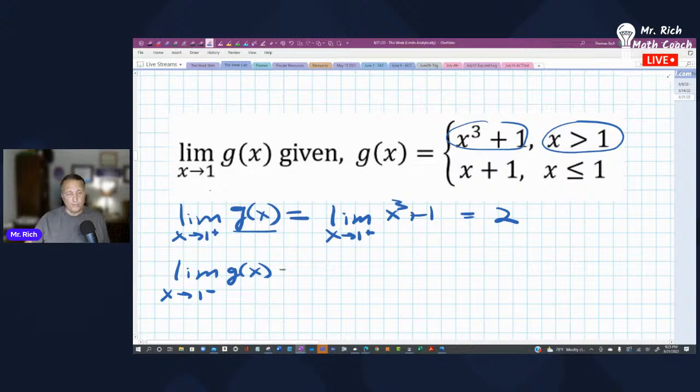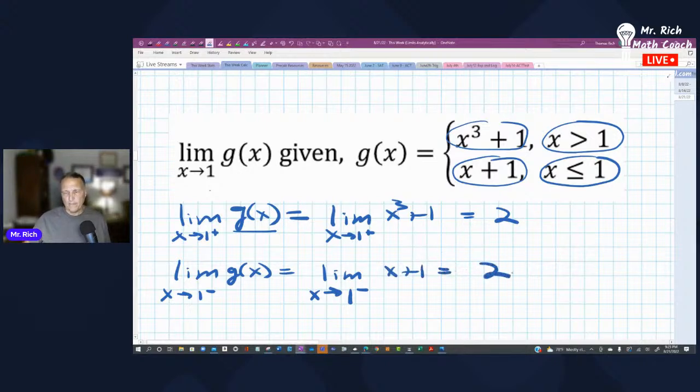Now if I'm going to evaluate this limit as x approaches 1 from the left, I would then be using this part of the function, because that is the piece of the function when I'm using numbers that are less than 1. So this would be x plus 1, and that is equal to 2. That tells me that since the left-hand limit and the right-hand limit are the same value, the limit exists.